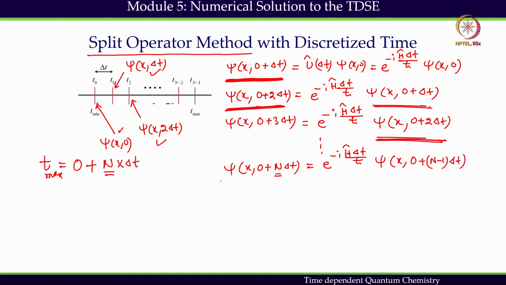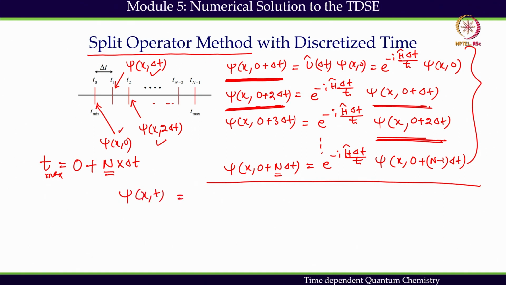Collectively, this entire set of discretized time evolutions can be written like this: psi x t, the wave function at a particular time t, is nothing but the product of e to the power minus i H delta t by h cut, then e to the power minus i H delta t by h cut. How many times am I doing the product? N times.